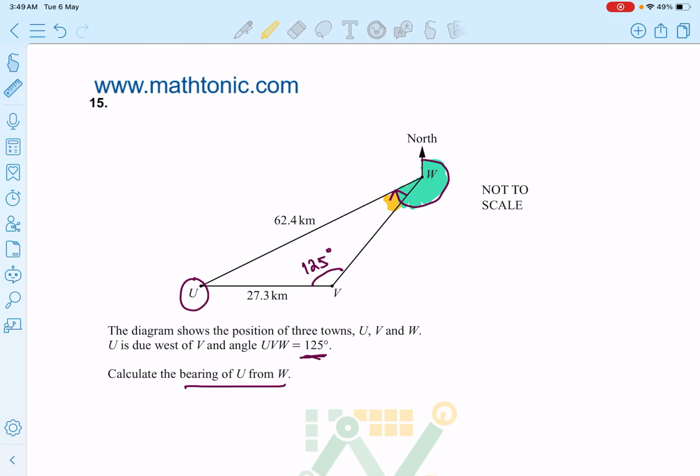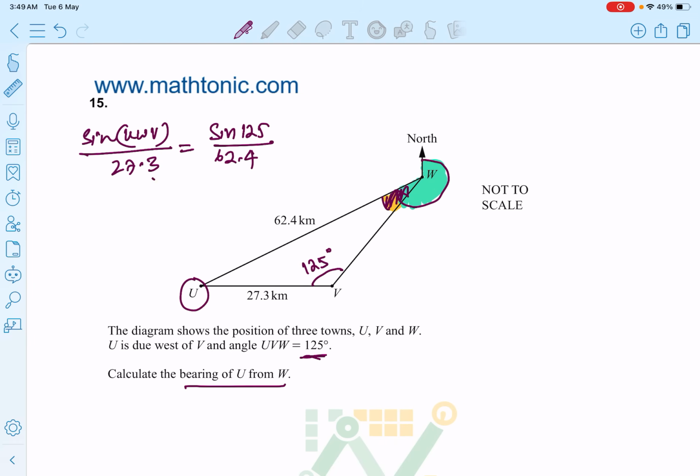I think we can use the sine rule. So let me try this. Sine of this angle, UWV, over 27.3 equals sine 125 over 62.4.